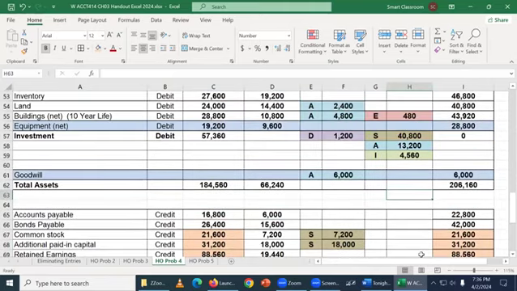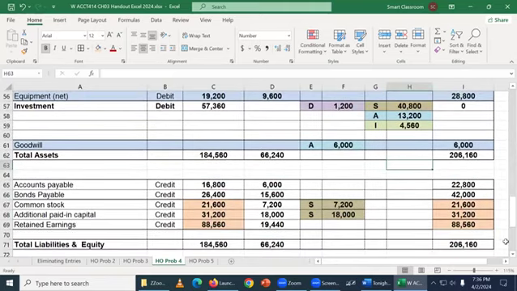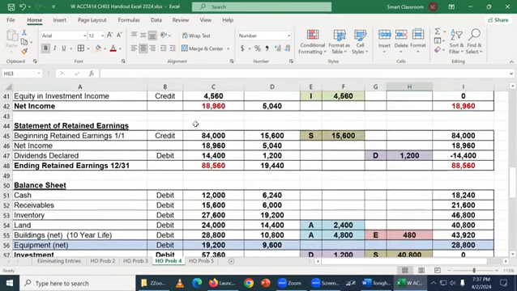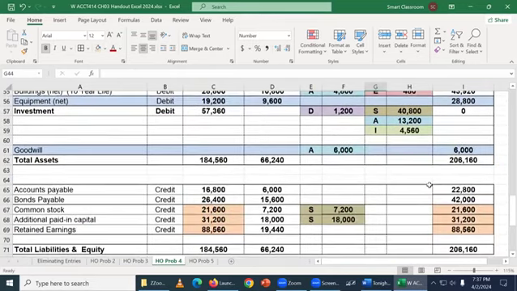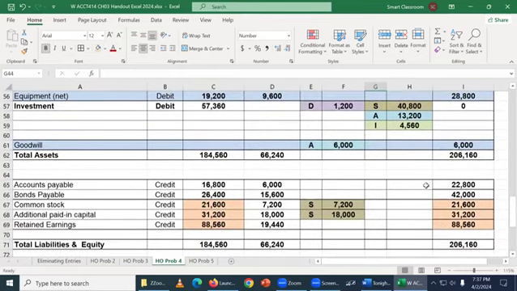And they do. So the ones that are going to be exactly the same are these retained earnings. You can just copy them over. Retained earnings are going to be the same for Amy Company, the parent company.